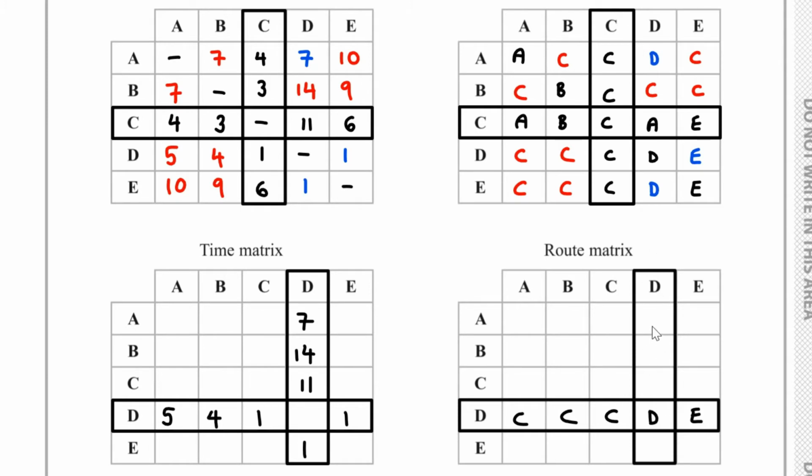And here we've got D, C, A, and D. Here we'd have the dashes, and here we have A, B, C, D, and E. Now for this element over here, we compare the 4 plus 7, which is 11, with the 7.